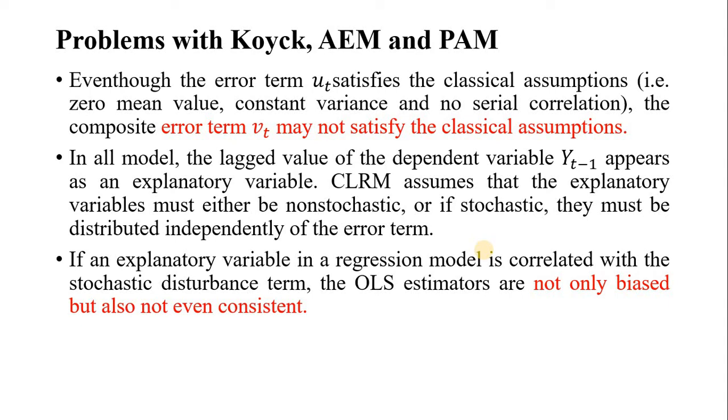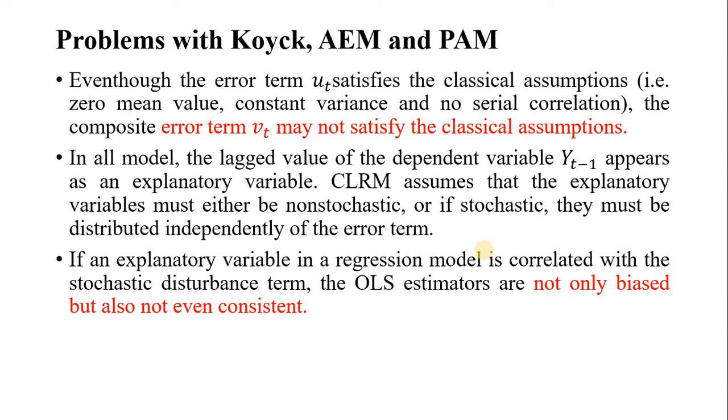So this is the major issue with OLS. If you are applying OLS to an equation which contains an explanatory variable that is the lagged value of your dependent variable, then the result obtained will be biased and inconsistent.